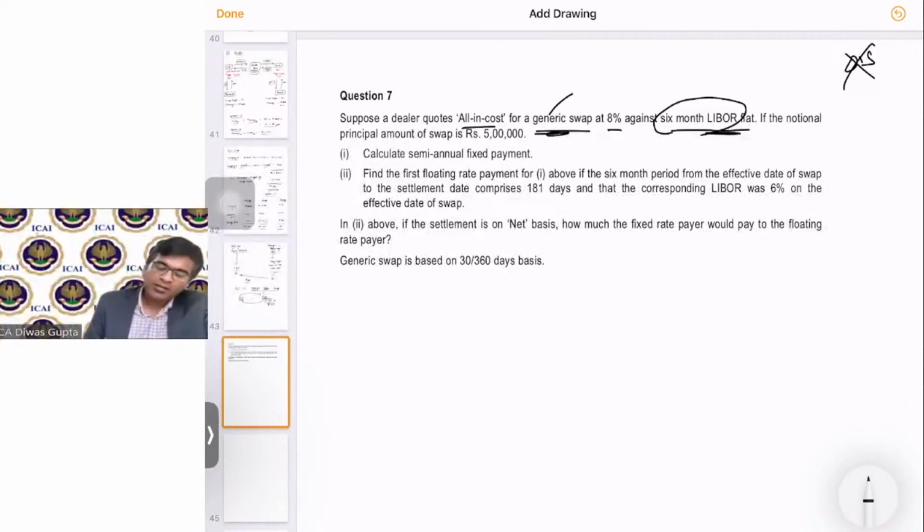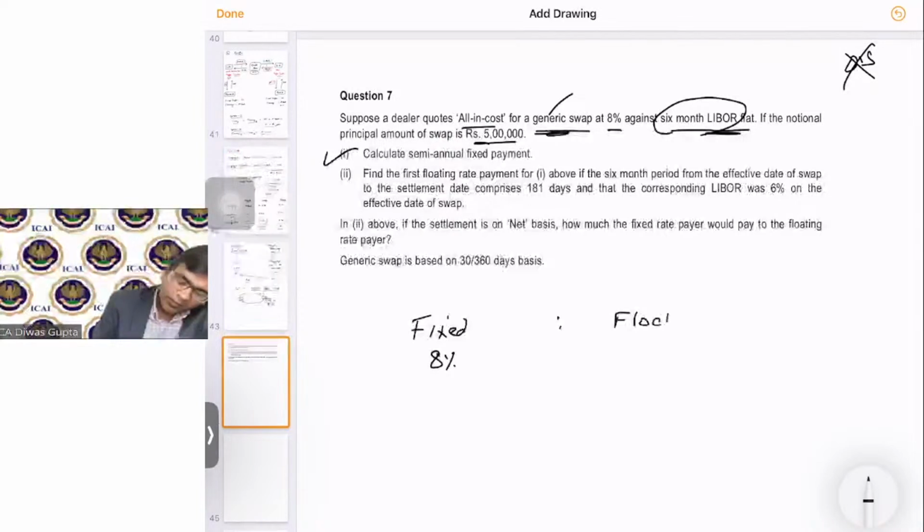If the notional principal amount of the swap is 5 lakh, calculate the semi-annual fixed payment. So first of all, we need to understand what this is. Fixed interest rate is how much? 8%. Floating interest rate is how much? 6 months LIBOR.